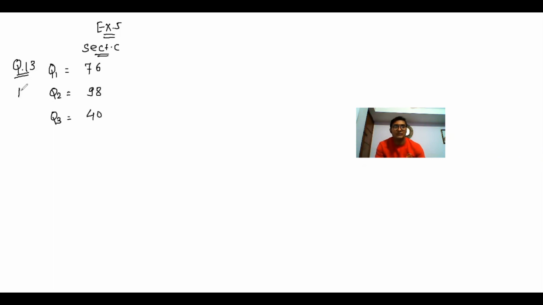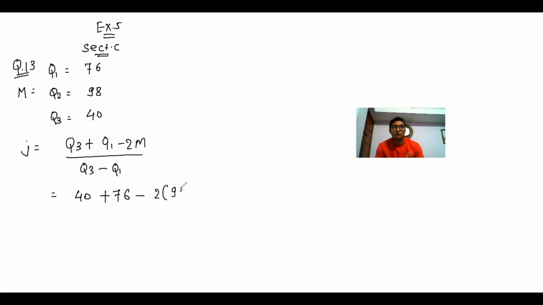Here Q2 we can call M. So now they have asked to find J. The formula for J is Q3 plus Q1 minus 2M divided by Q3 minus Q1. Q3 plus Q1 minus 2 times the value of M, that is Q2, divided by Q3 minus Q1.